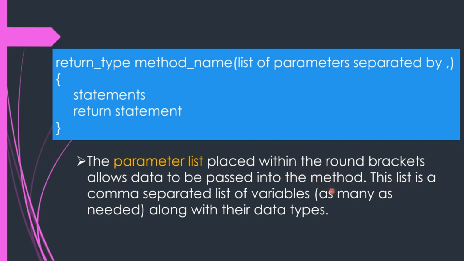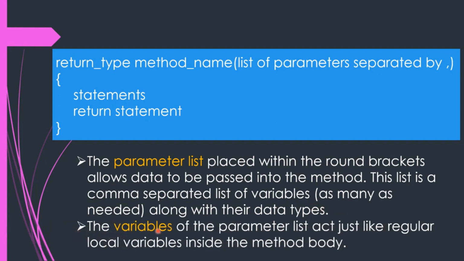This list is a comma separated list of variables, as many as needed, along with their data types. These parameters are basically variables, and we also have to provide their data types along with the variables. Also, we can provide as many variables as are needed. There is no restriction on the count of the variables.